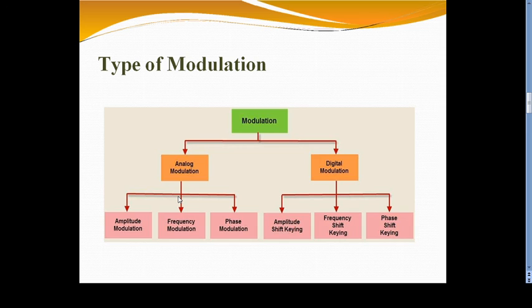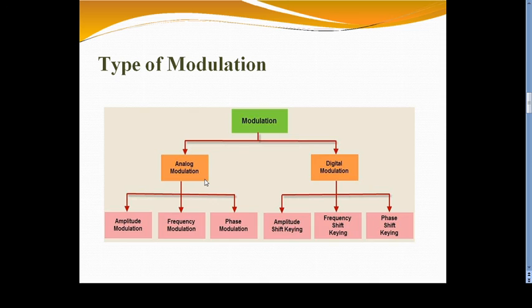Then types of modulation. Modulations are classified into two types: analog modulation and digital modulation. The analog modulations are amplitude modulation, frequency modulation, and phase modulation. Similarly, the digital modulations are amplitude shift keying, frequency shift keying, and phase shift keying. What is meant by analog?